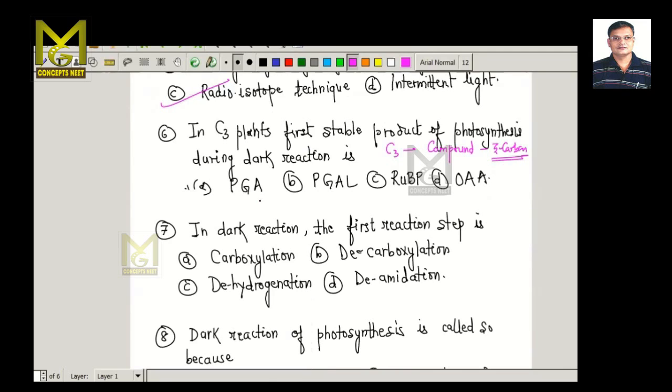This is phosphoglyceric acid, a 3-carbon compound formed as the first stable product, and therefore it is referred to as the C3 cycle. The correct option in this case is A.